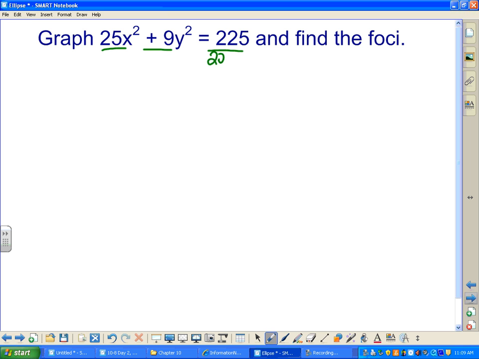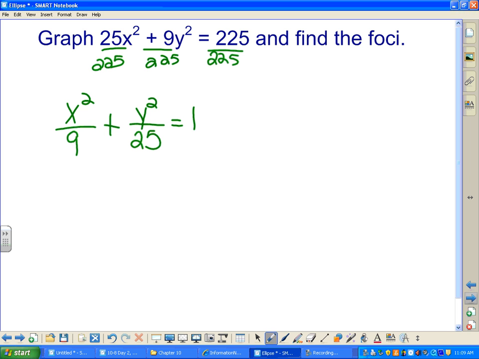Yes, divide everything by 225. And if you do that, you end up with x squared over what? 9 plus y squared over 25 is equal to 1.